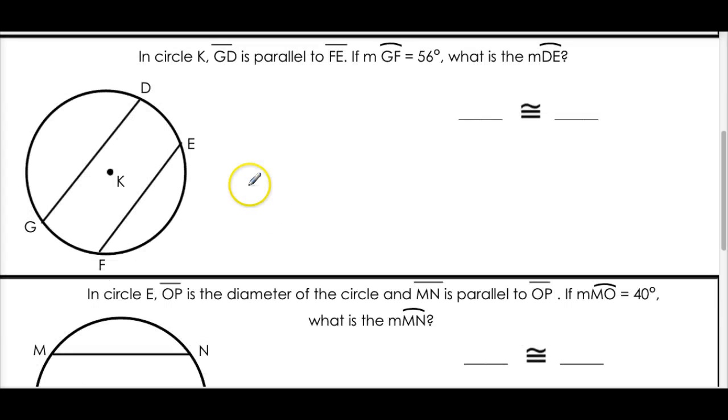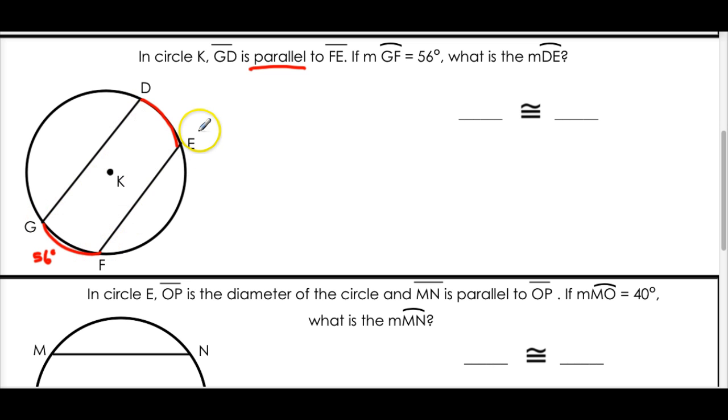All right, let's try this out. In circle K, GD is parallel to FE, so my two chords are parallel, right? If the measure of arc GF is 56 degrees, what is the measure of arc DE? Well, I think we figured this out.